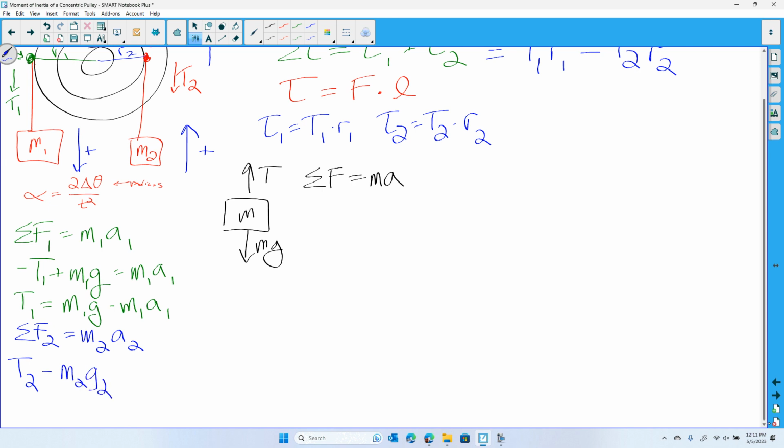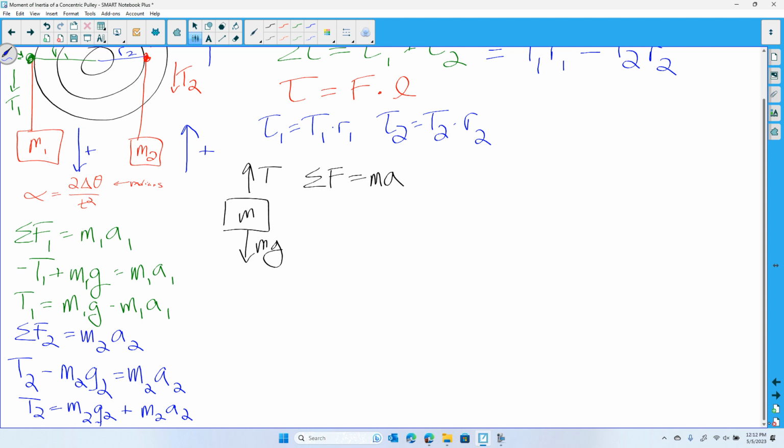That will still equal mass 2 times its acceleration, which should be a positive number. So again, we are only going to put positive numbers in here. If we solve for T2, we get that it's going to be equal to M2G plus M2A2.